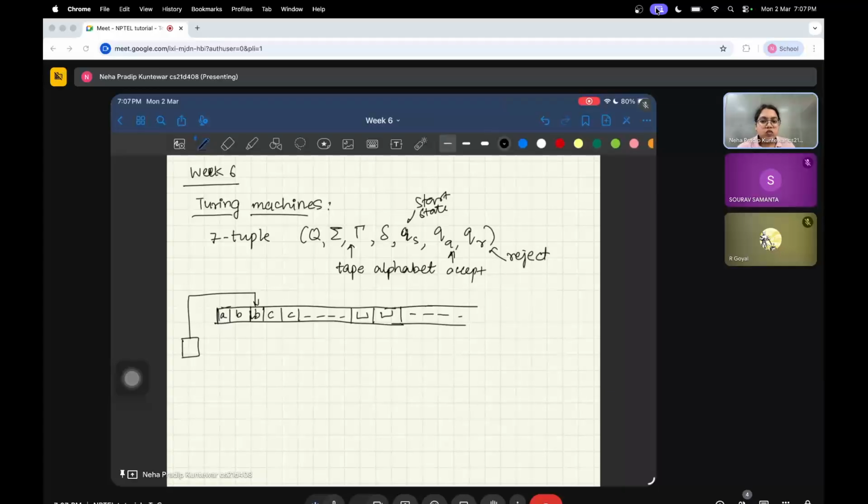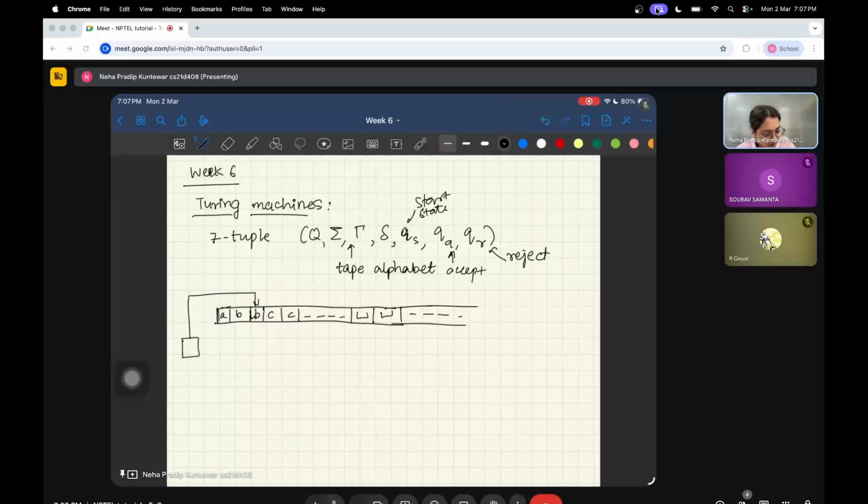Unlike the definitions that you have seen so far, where if you reach an accept state at the end of the input, then you accept, one difference that Turing machine models have is that they can keep moving left or right, back and forth.